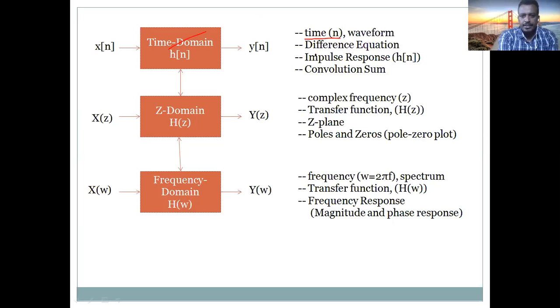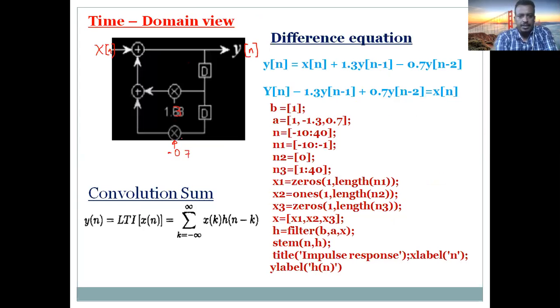What is next? The difference equation for this system. Equation which relates input and output in this case. So let's write the difference equation here. Okay, here is the delay element.